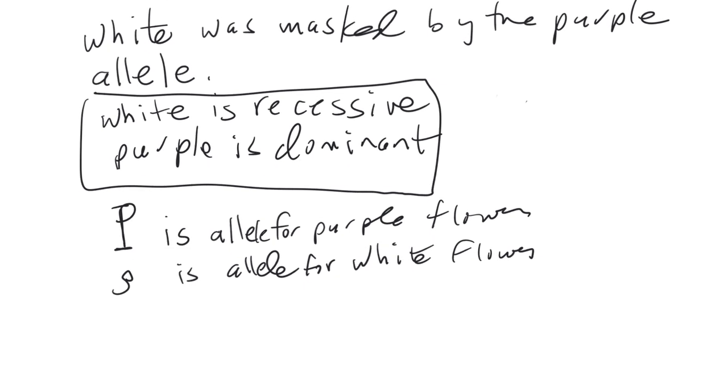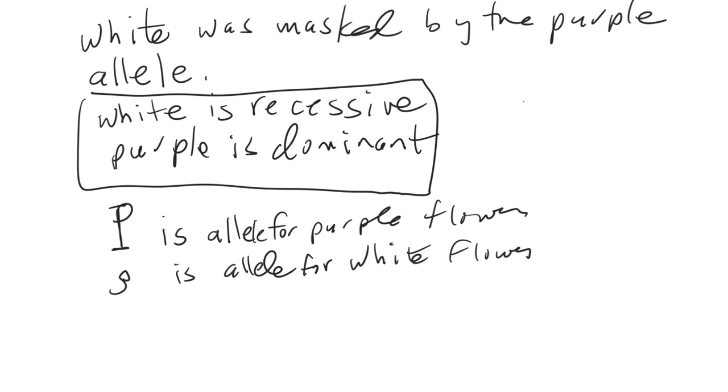Now, there's 3 different combinations you can have. You can have big P, 2 alleles. An individual always has 2 alleles.